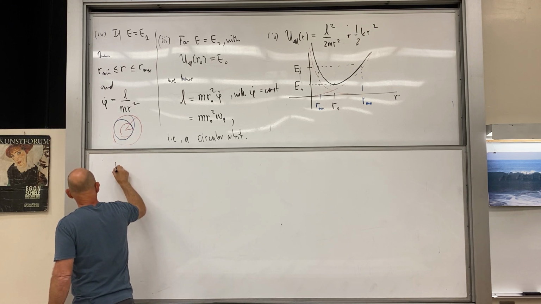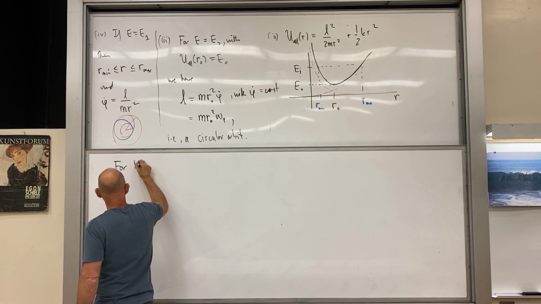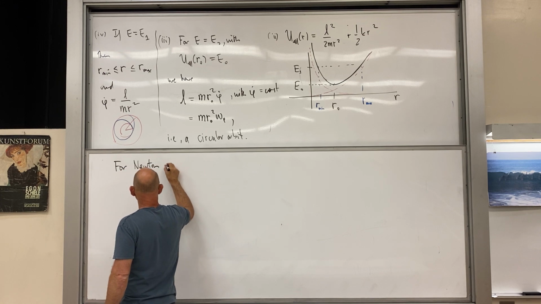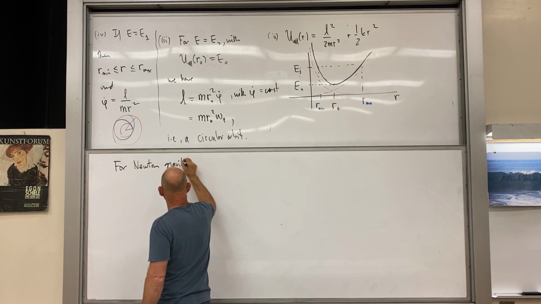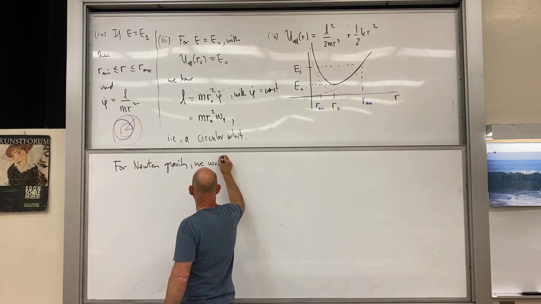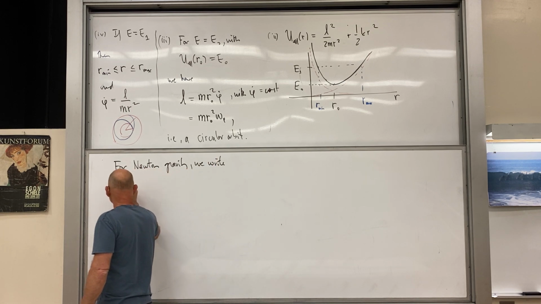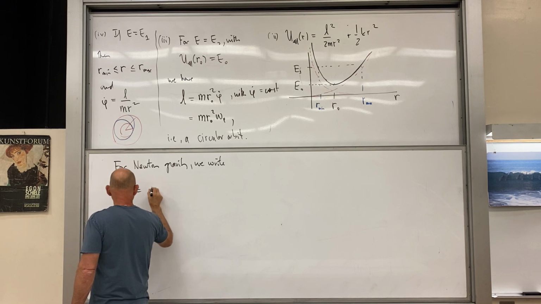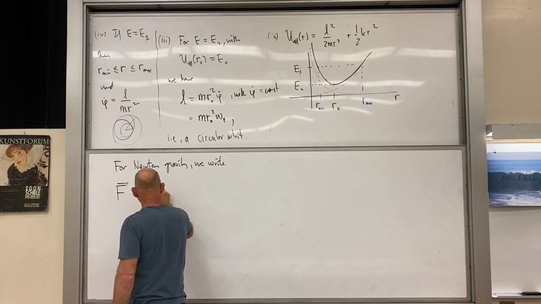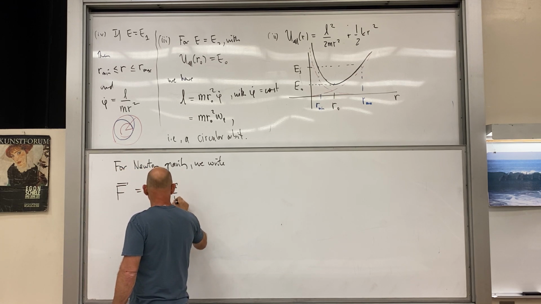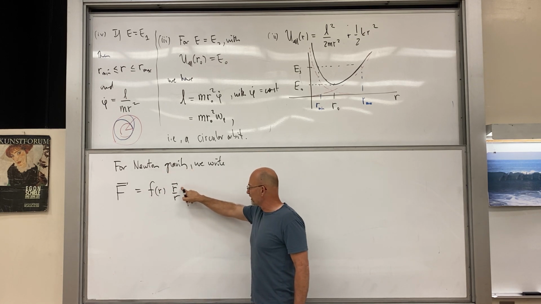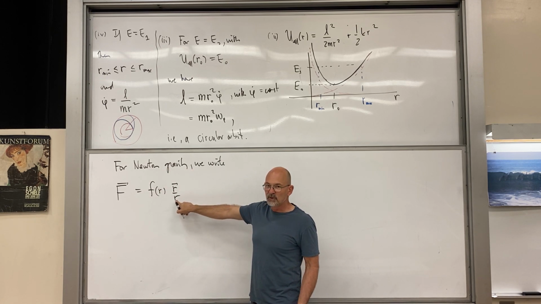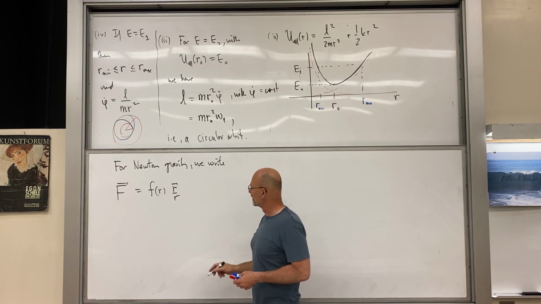So for Newton gravity, we write F equals F of R, and that's just R hat. Remember, the R divided by magnitude is the unit vector R hat that we also use.